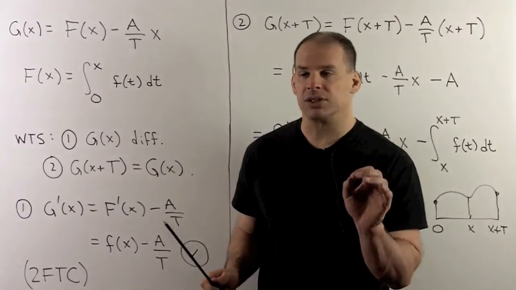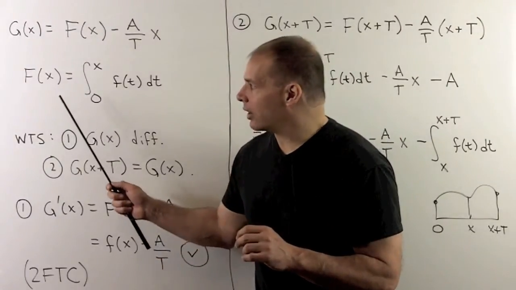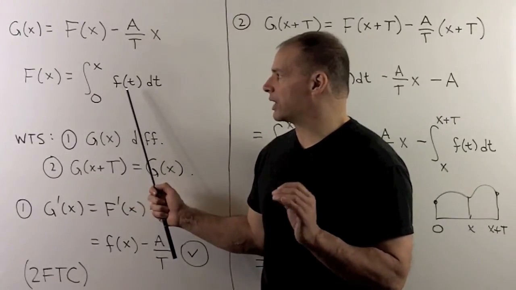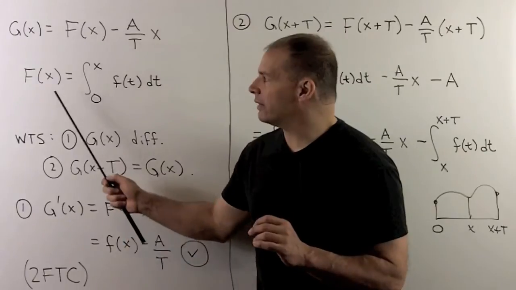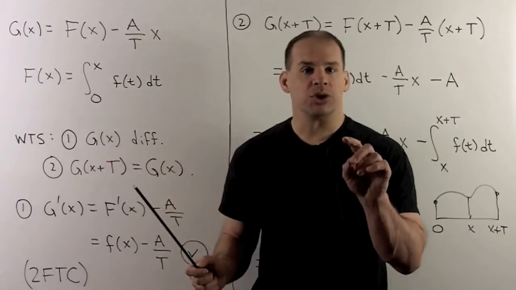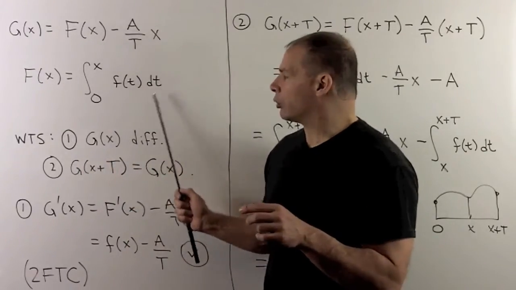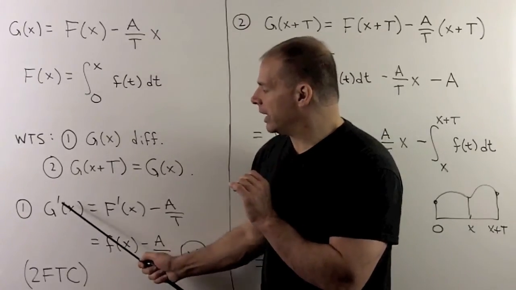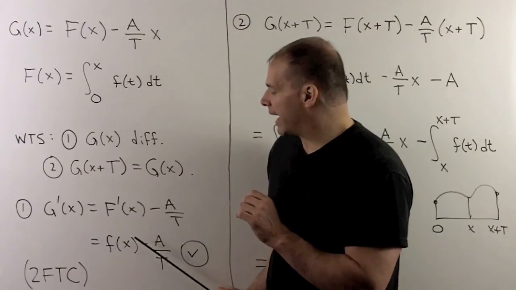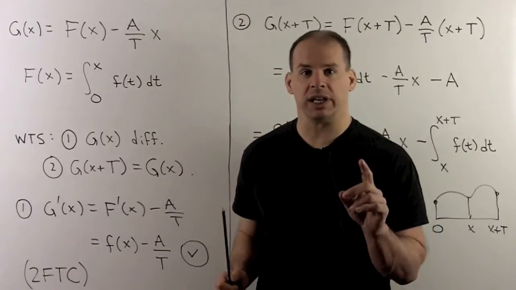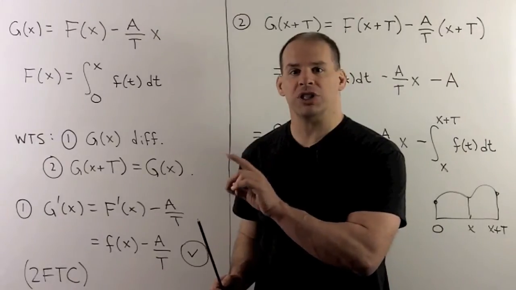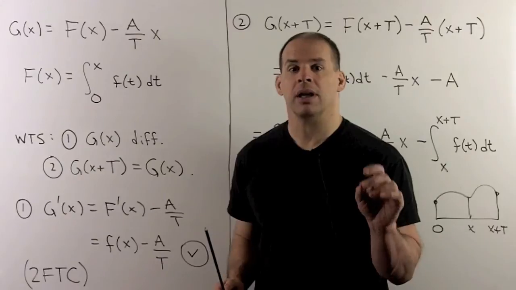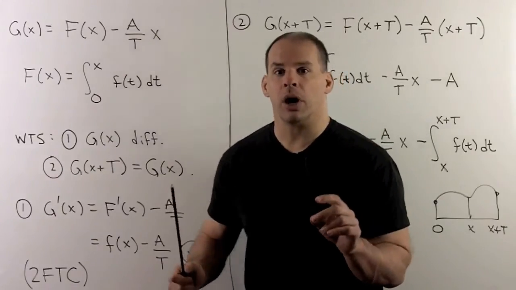Recall what that says: if we define our function capital F in this manner, with little f continuous everywhere, then the derivative of capital F is obtained by taking the integrand and replacing t with x. So the derivative of g is just given by little f of x minus A over t. So not only is our function g differentiable, it's continuously differentiable. That's part one.